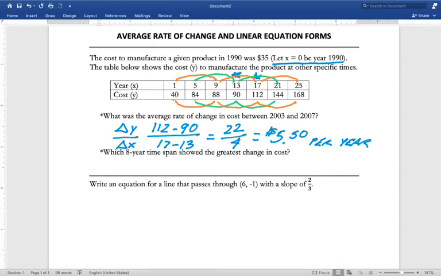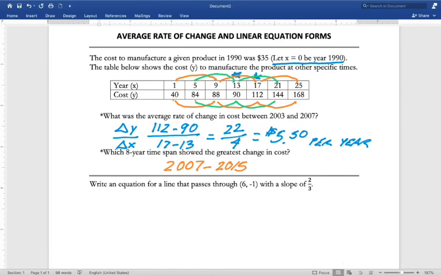So I think we found it. It's going to be 17 and 25. But it says which 8-year time span, so I need to be specific and say which years those are. If I'm 17 from 1990, that would be 2007. And if I'm 25 years away from 0, which is 1990, that's 2015. So during that 8-year time span, that's the greatest rate of change.